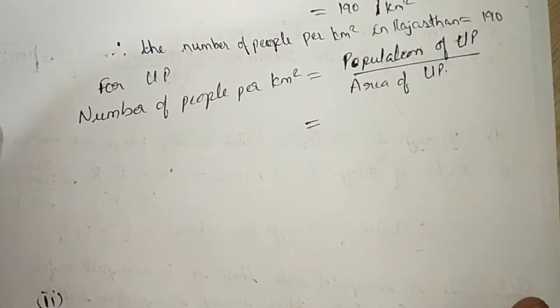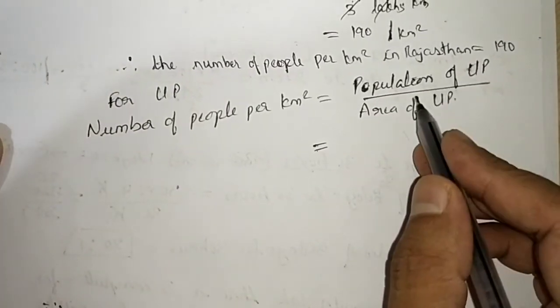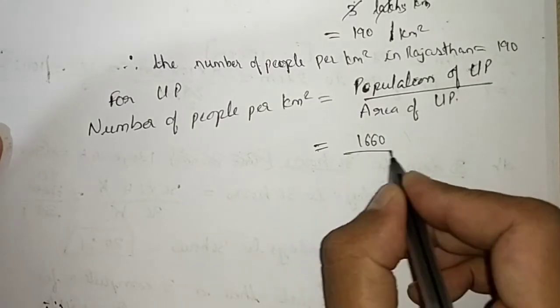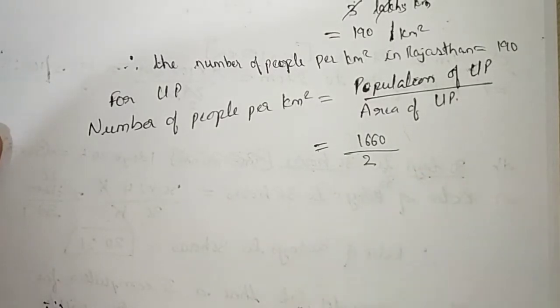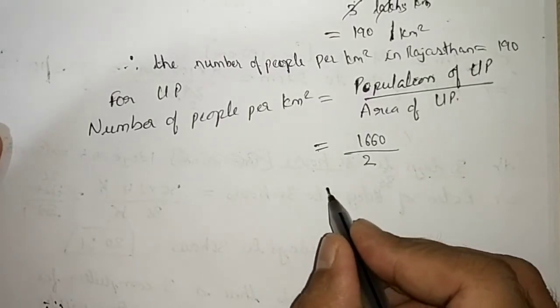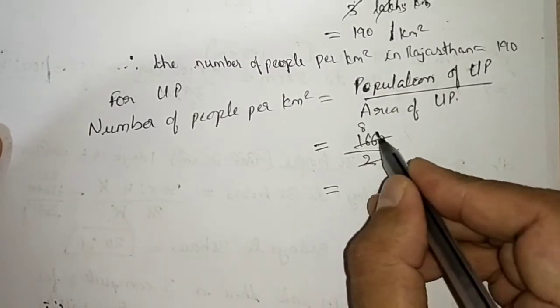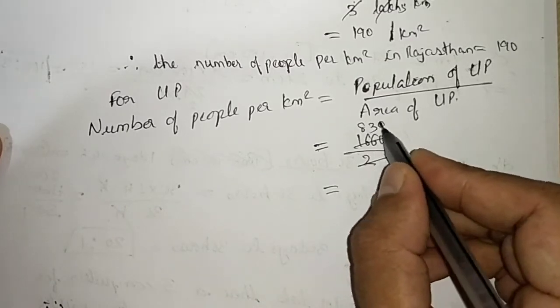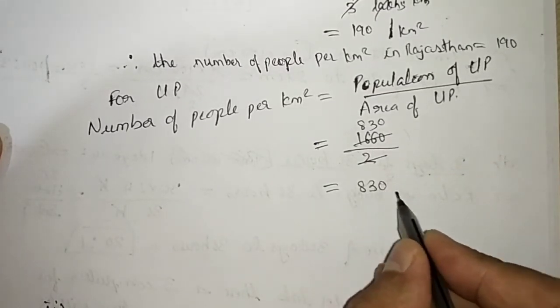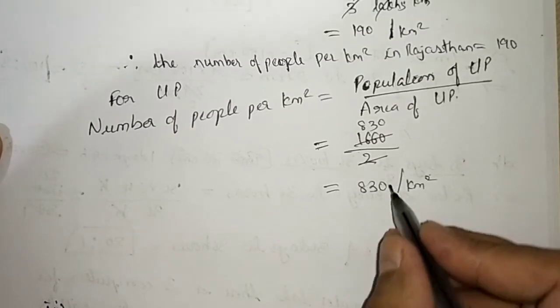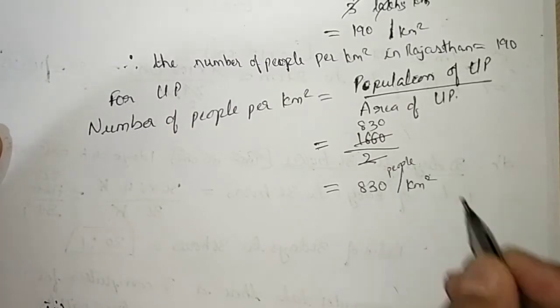Now for UP, in the same way, total population of UP, that is 1660 divided by 2. When we divide, I will get 2 8s are 16, 2 3s are 6, so it will be 830 people per square kilometer.